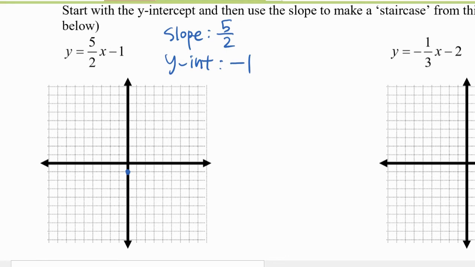So we're going to start from -1, and we're going to do rise over run. So the rise is +5 and the run is +2. The graph should be going up because the slope is positive. So we're going to go up by 5: 1, 2, 3, 4, 5. And we're going to walk over 1, 2.